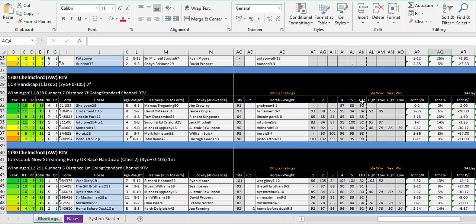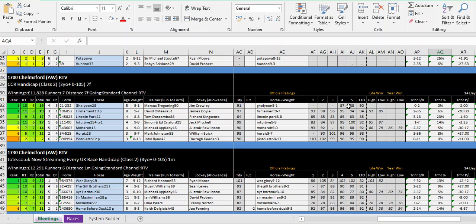Last time out, which is what LTO stands for, the horse went off a rating of 90. Now we can see, looking at the form, that it finished second last time out. Now that must be considered a decent effort by the handicapper, because although it didn't win the race, the handicapper has put the horse up £1.